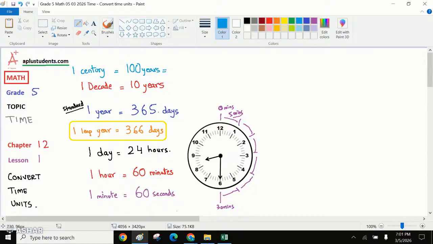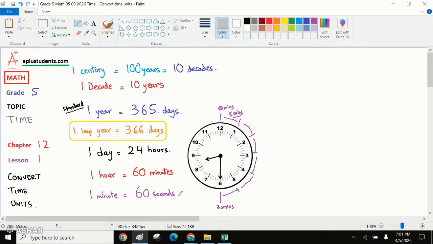Let's see if it's required: 1 century is 100 years, or it has 10 decades. Okay, so this is the basic breakup of time. Our consideration would be the last part: days, hours, minutes, and seconds, right?